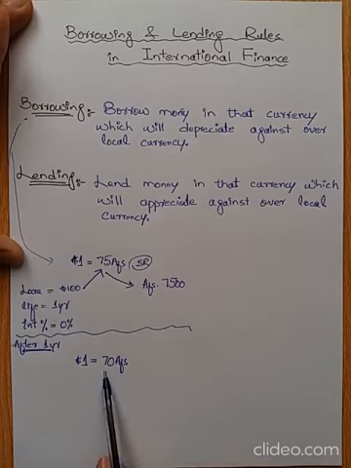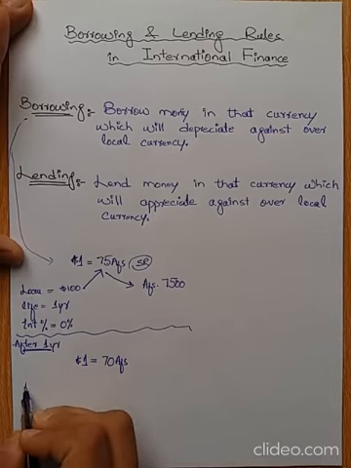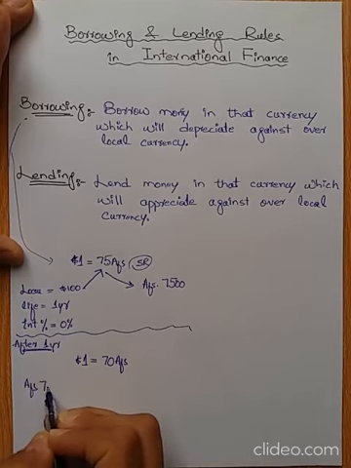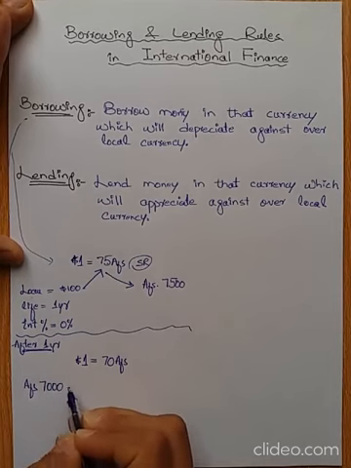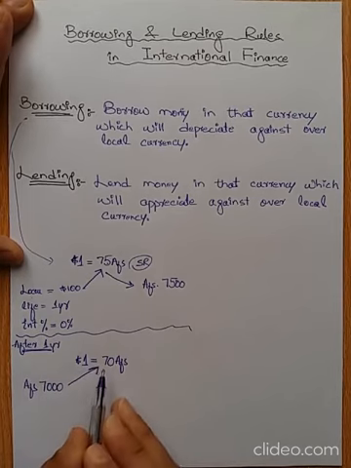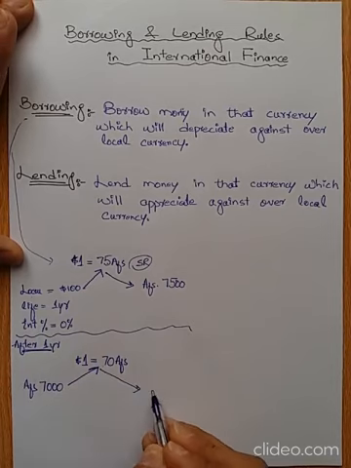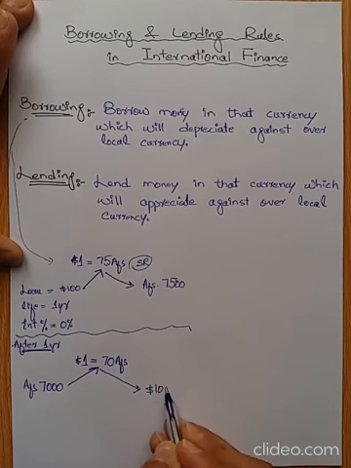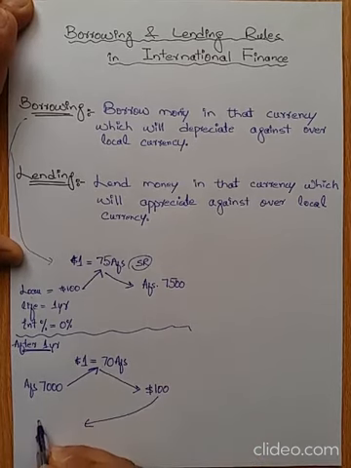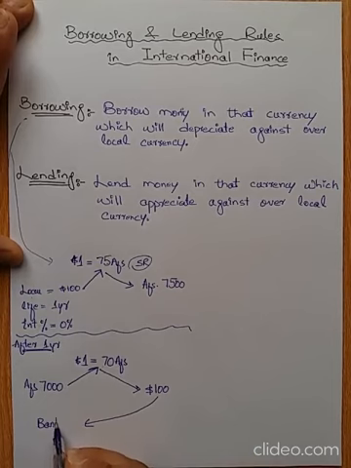Okay, this means that I will take only 7,000 Fs, will convert it using this exchange rate, and I will get back $100, which I can go and return to the bank, assuming the interest rate is 0%.